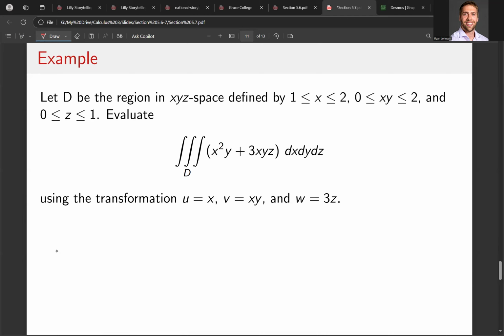And so if we do that, what do the 3 inequalities turn into? So what are the inequalities around u and v and w?